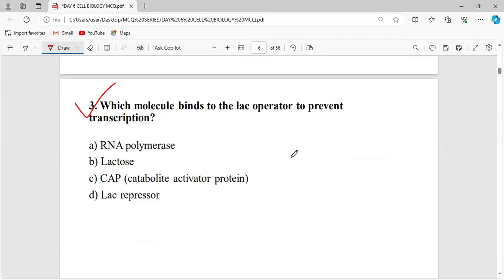Which molecule binds to the lac operator to prevent the transcription?